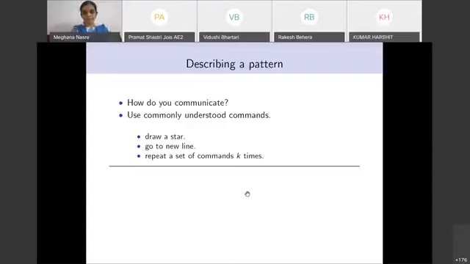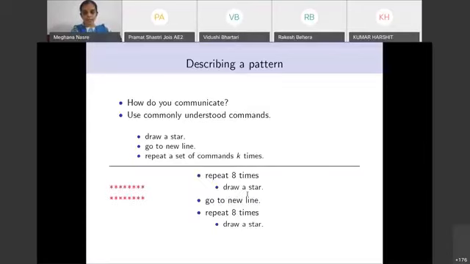In the third pattern, we use an additional command of space. Great. So we couldn't do with these commands, but we used an additional command of saying draw a star with a space.